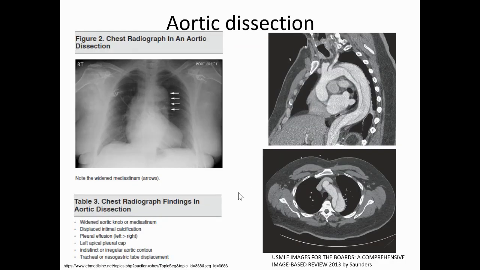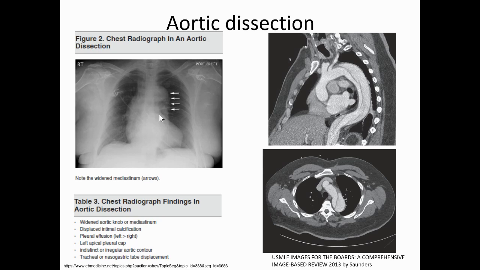Aortic dissection is number 3 that we discussed under chest pain and under possible deadly causes. The chest radiograph has a very low yield for aortic dissection.